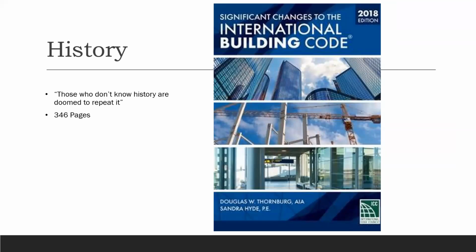All of these changes and modifications are constructed for risk management based on past events. These past events are why we have things like fire-rated walls and fire-rated doors, floors, and cross-corridor protection. These 346 pages are full of additions, deletions, clarifications, and modifications.